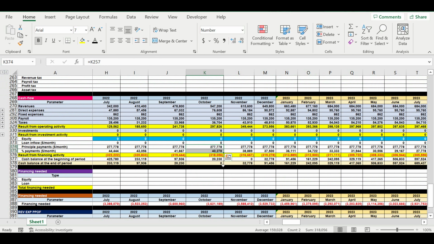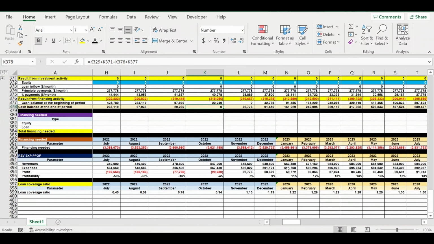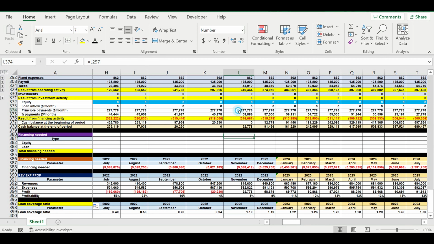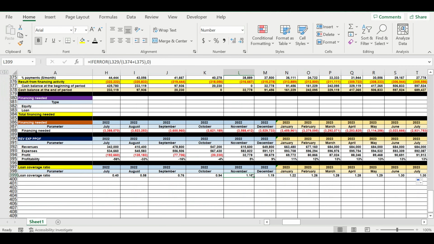This is the 0 point. From the next month, we can see that the profits start being higher than the amount of money that we pay to the bank, and from this moment the ratio becomes more than 1.